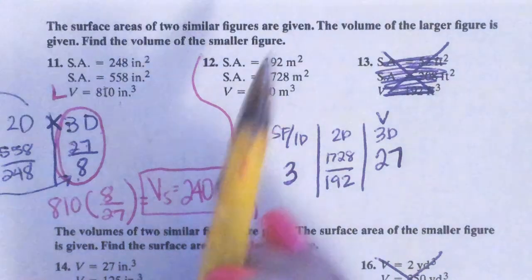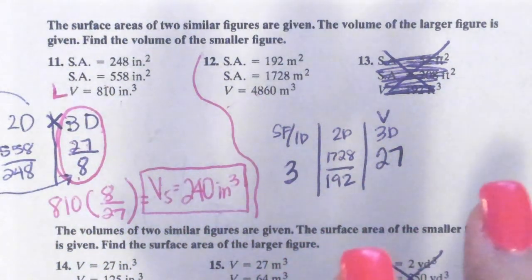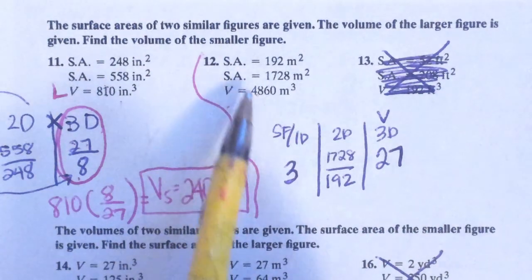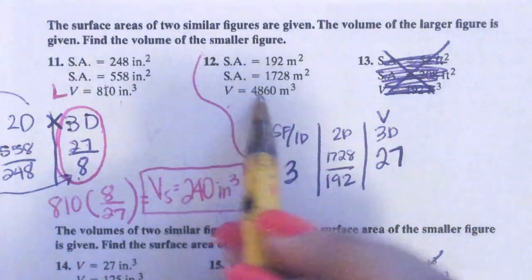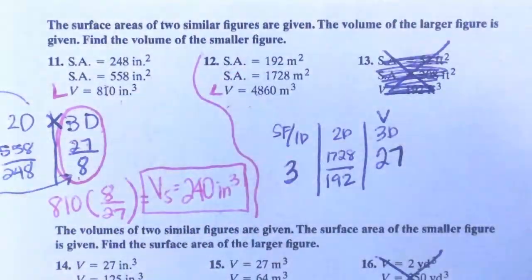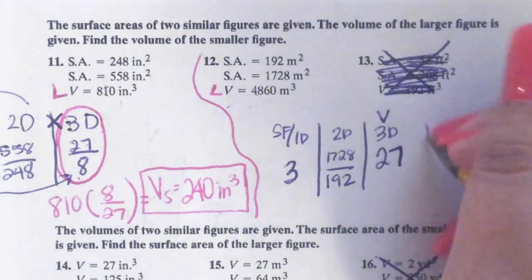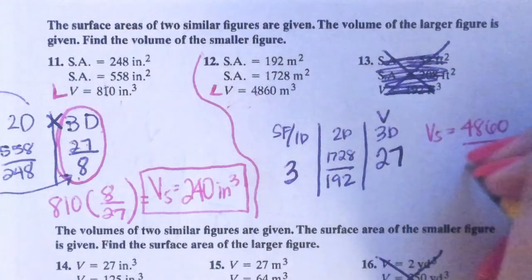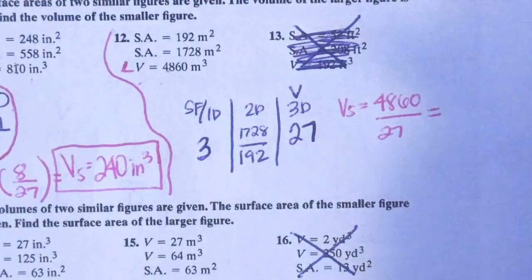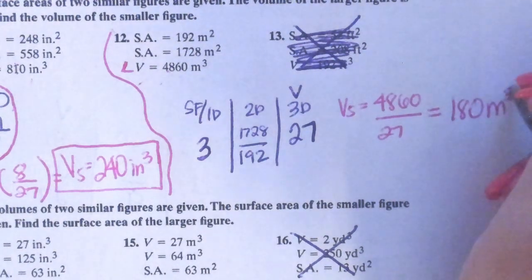No. Now, I don't have a fraction, so I don't have a smaller number, a bigger number. I have the bigger. This is the larger. You can multiply by the reciprocal, or you can just do what? Divide. So for my smaller, 4860 divided by 27 gives me 180 meters cubed.